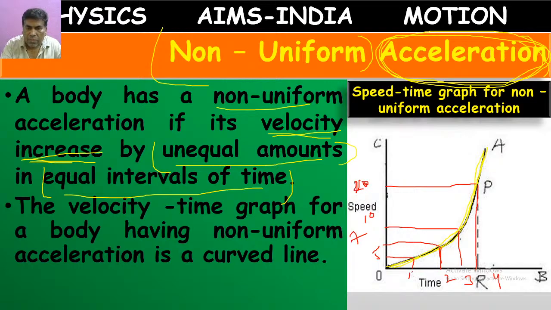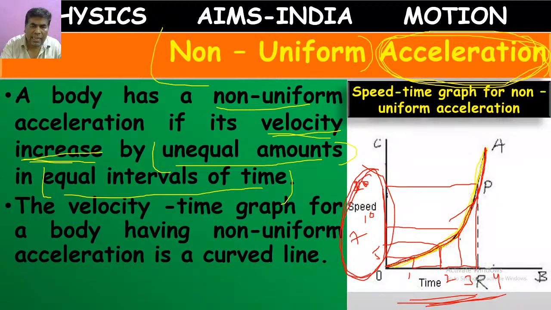How is the change? In 1 second, 5 meter per second increased. Again after 1 second, 2 meter per second. Again after 1 second, 3 meter per second. Again after 1 second, 10 meter per second. This curved line is not following any particular order. For equal intervals of time, the velocity is not changing by equal amounts.